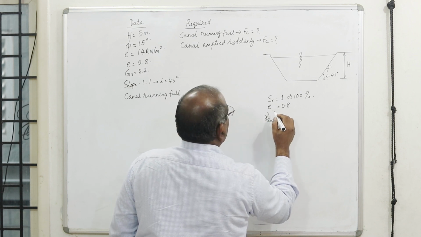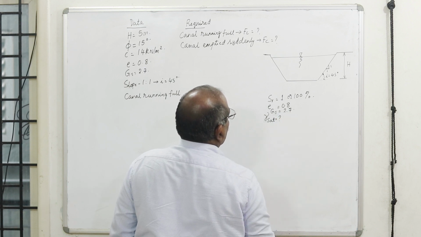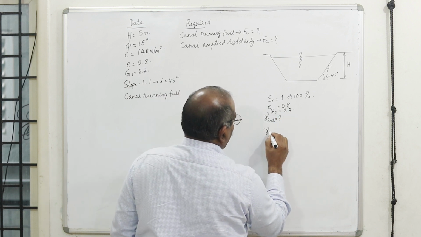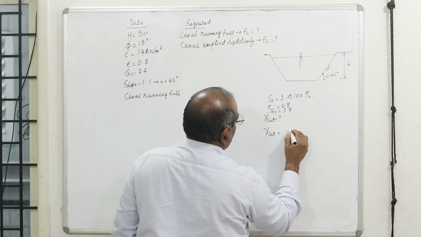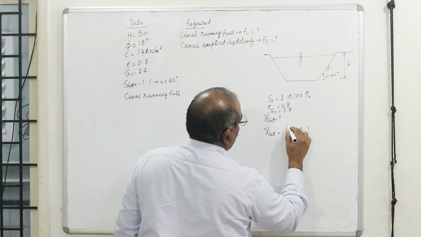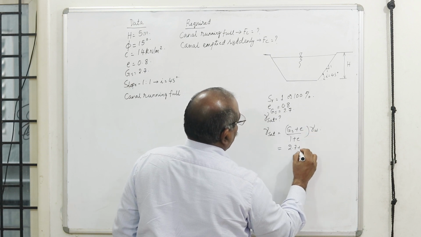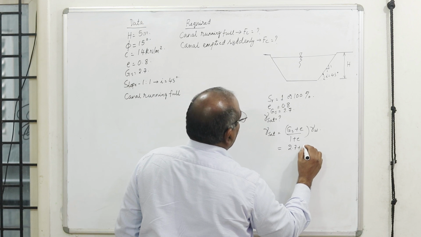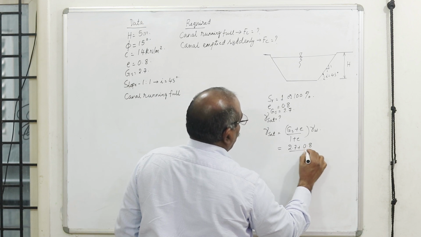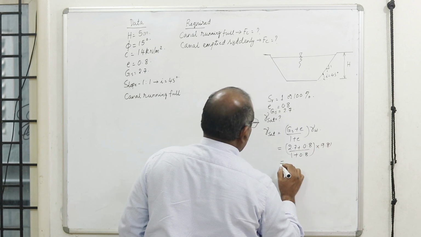The specific gravity of solids is also given, Gs is 2.7. My expression for gamma saturated is equal to (G plus e) by (1 plus e) into gamma w. Now let me substitute. In fact, I have not done the problem, I will work it out here only. This is 0.8 divided by 1 plus 0.8 into 9.81. Let me see what the value is.